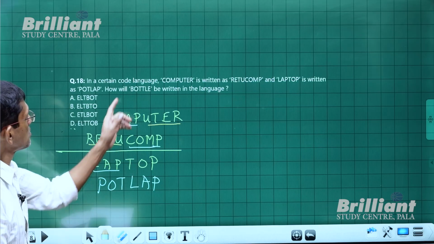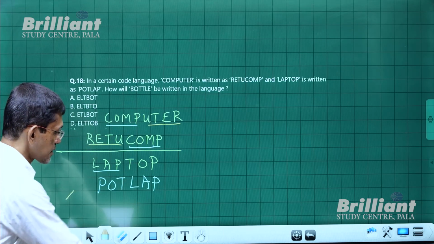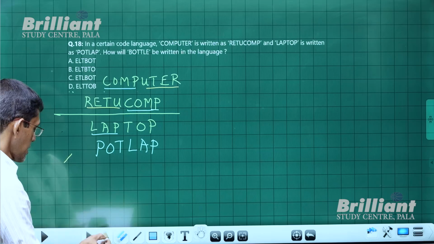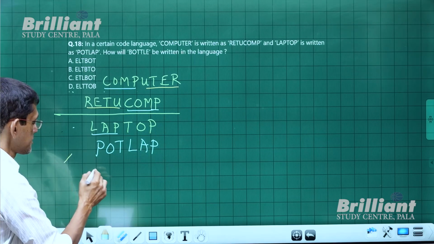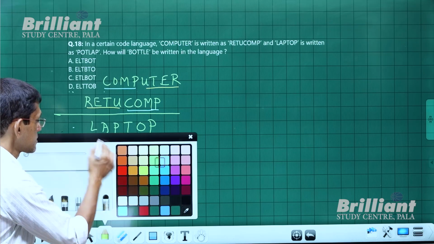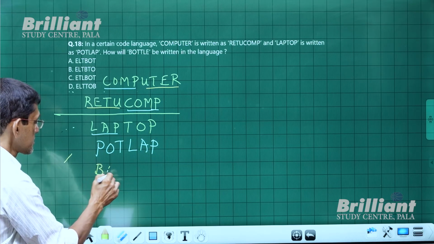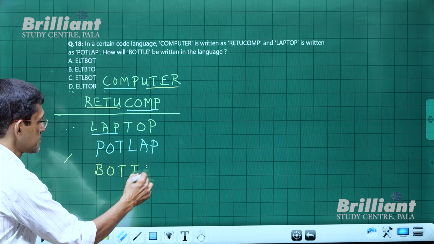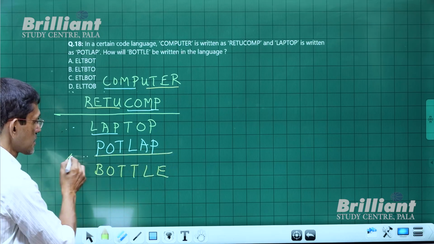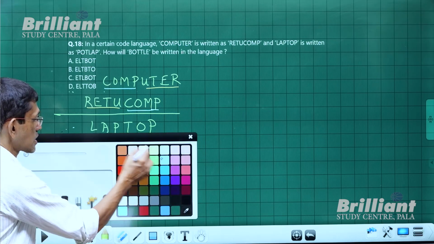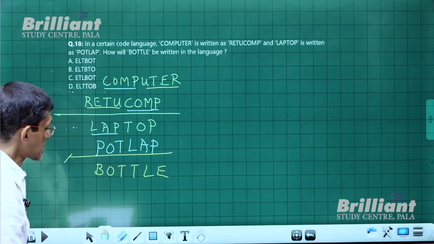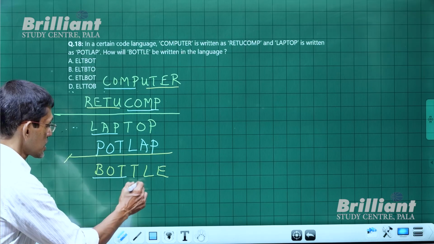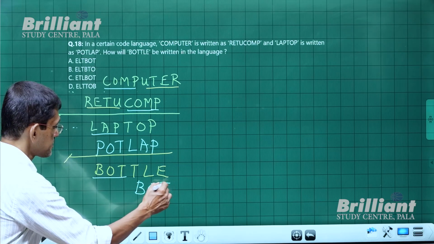That means bottle must be coded exactly in the same way. So how is bottle coded? If it is coded using the exact same way, the first 3 letters are BOT, so it must be like here, BOT.